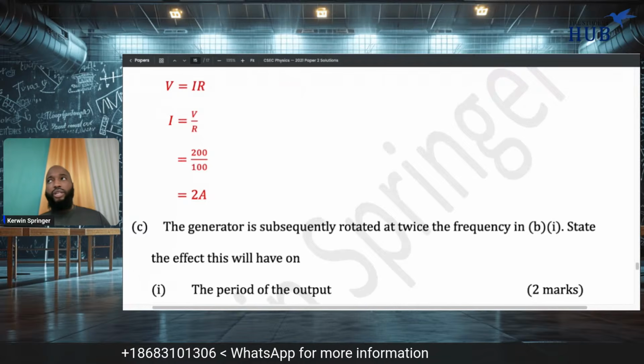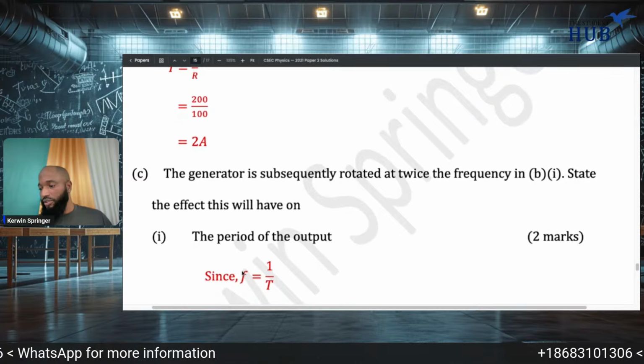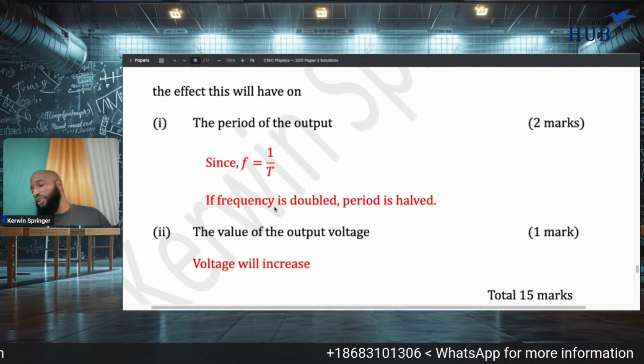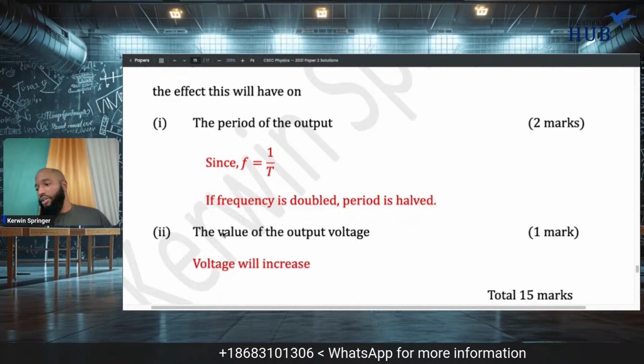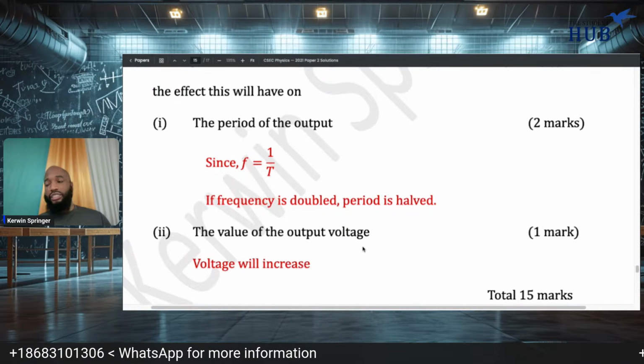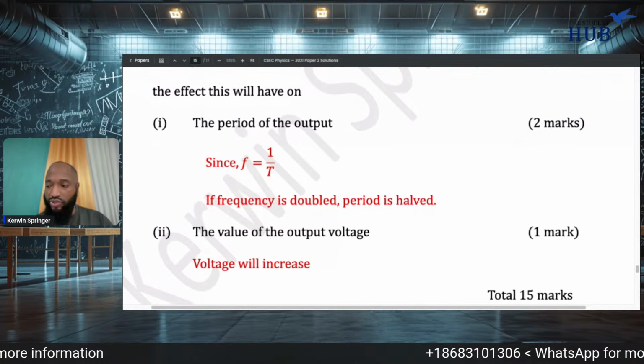The period would halve. The frequency is double, period is half. And the value of the output voltage will increase. If it's going faster, it's increased. Combined total output voltage will increase.